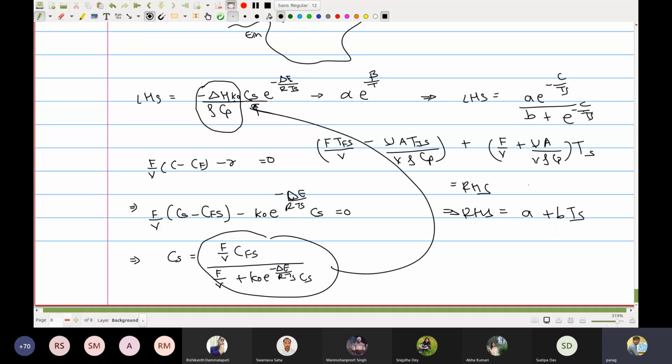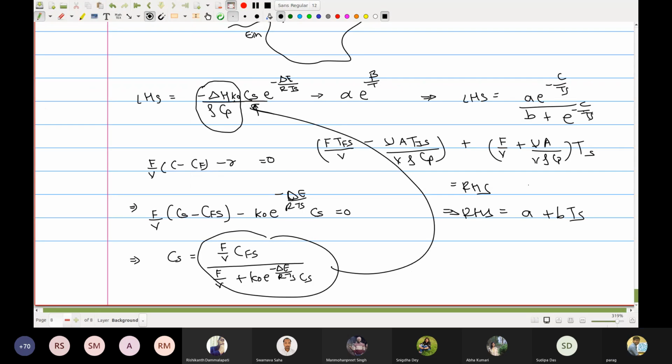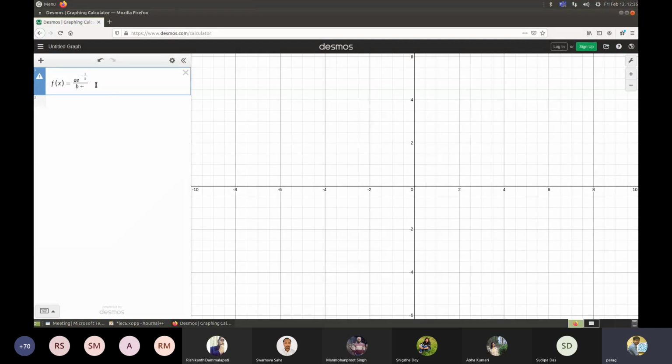Okay, so let me do this. Let's see if we can do this. So left hand side, f of x equals a e to the power minus, I don't care about c, it's not going to affect, you can do it at home to cross check, 1 upon x divided by b plus the whole thing.